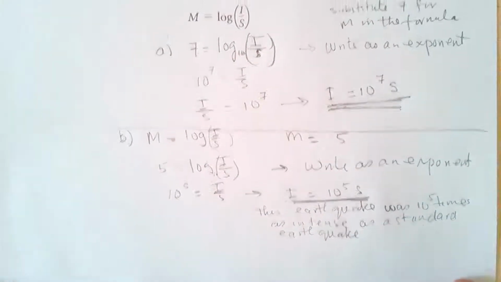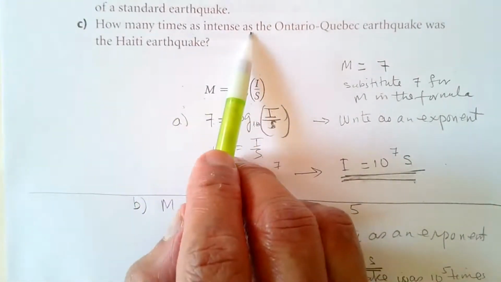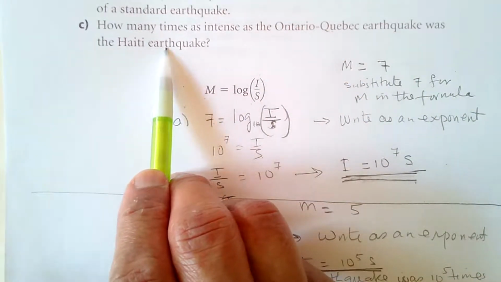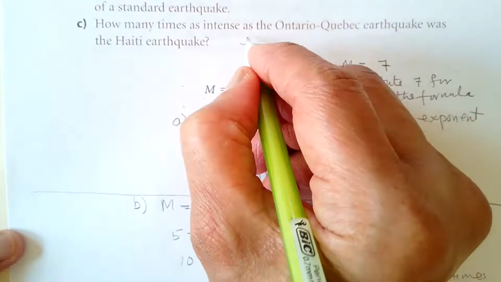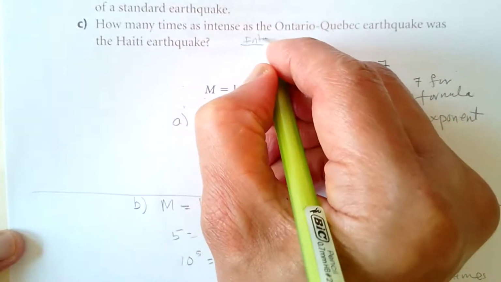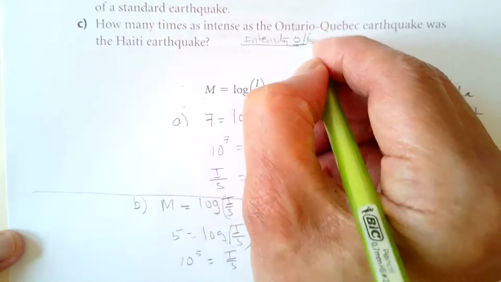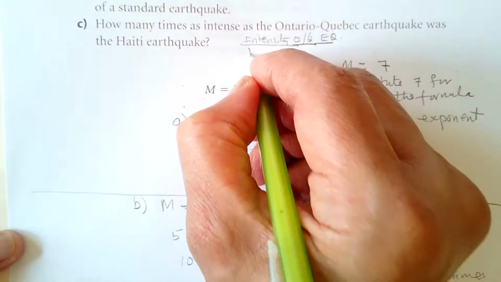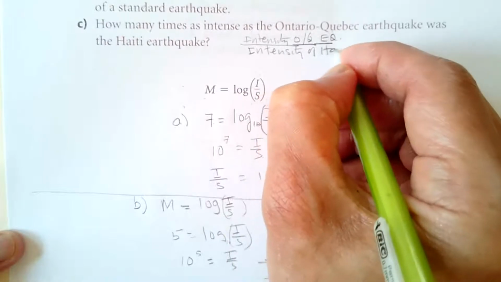Now the next part, C: how many times as intense as the Ontario, Quebec earthquake was the Haiti earthquake? So we're comparing the two. So essentially what we're looking at is the intensity of the Haiti earthquake divided by the intensity of the Ontario, Quebec earthquake.